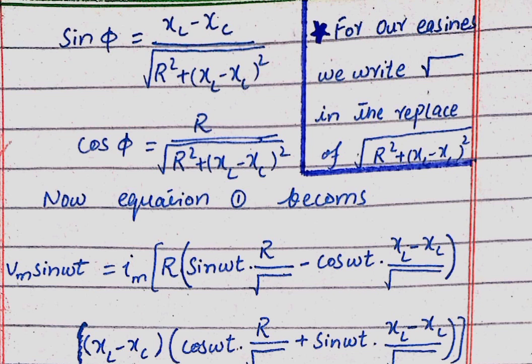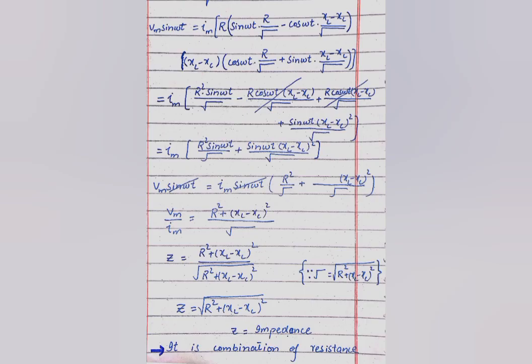Now equation 1 becomes, putting the values of sin φ and cos φ, XL minus XC cos ωt into R over the hypotenuse, plus sin ωt times XL minus XC over the hypotenuse. Then rearrange the equation.